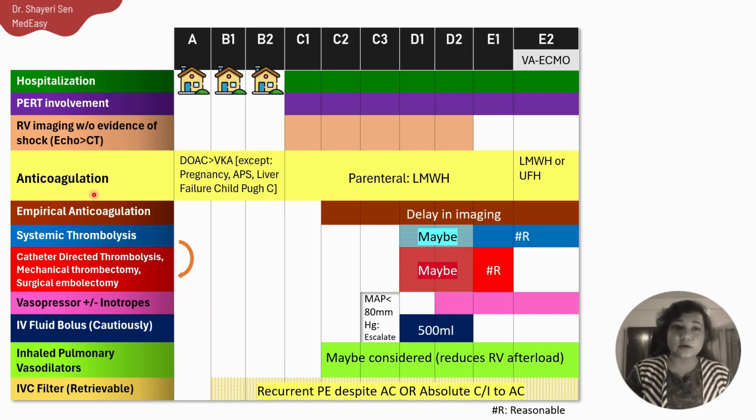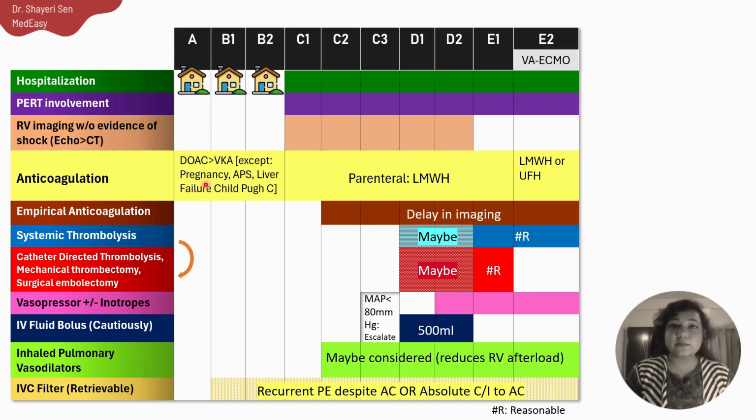Now, coming to anticoagulation, this is the main therapy for pulmonary embolism, and we are going to provide it to all kinds of patients. To patients of categories A, B1 and B2, that is the patients we are sending home, we are going to prefer DOACs, the directly acting oral anticoagulants, and these are preferred over vitamin K antagonists. Now, there are exceptions.